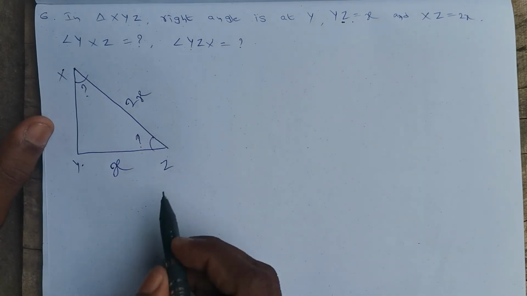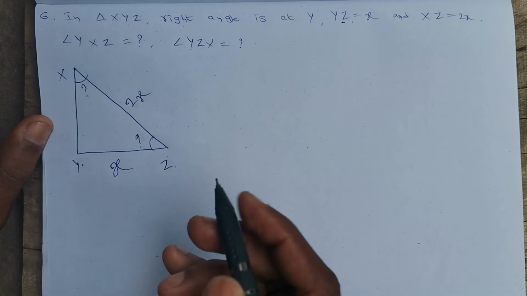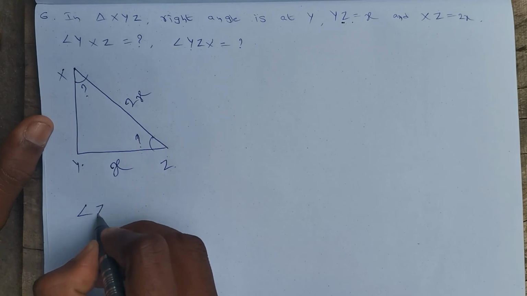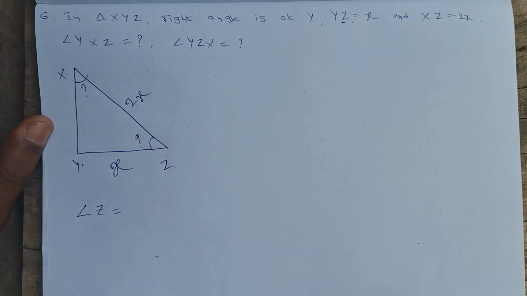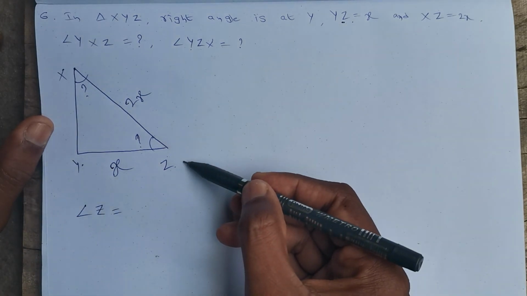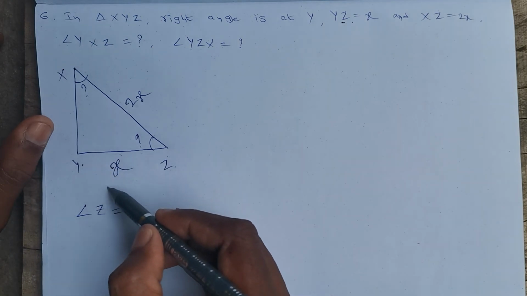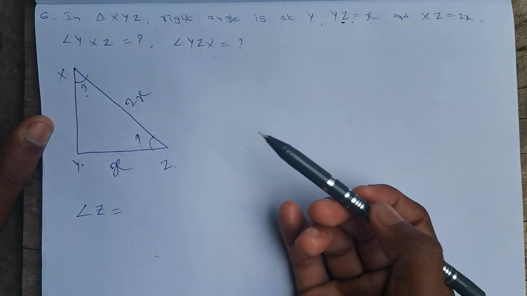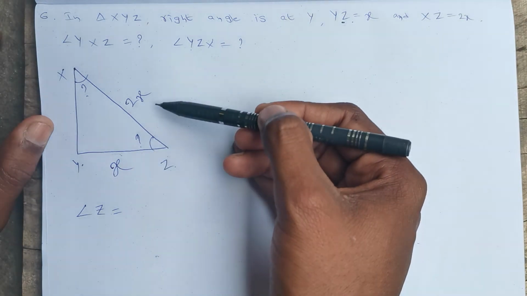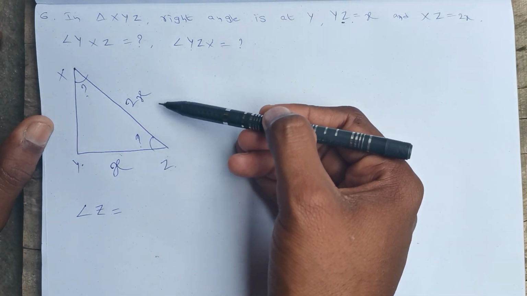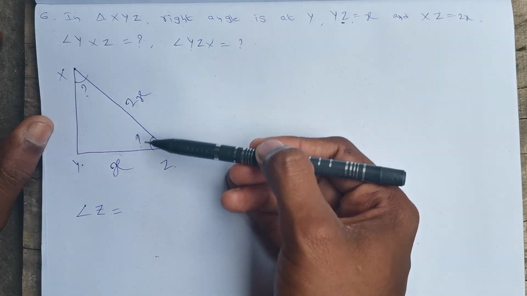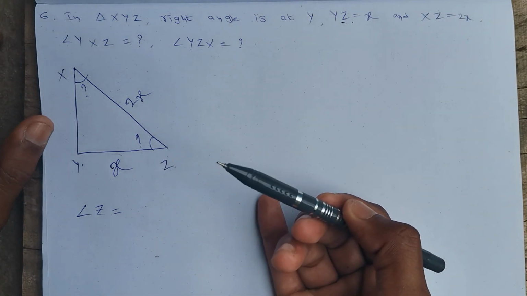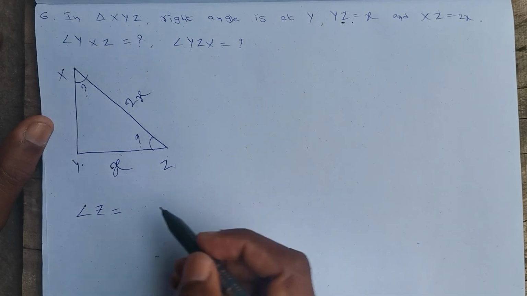Okay, first I am going to find this angle Z. If we observe this Z angle, this x will become the adjacent side and this 2x will become the hypotenuse. Which trigonometric ratio will discuss about adjacent and hypotenuse? Obviously cos and secant. So I am going with the cos.